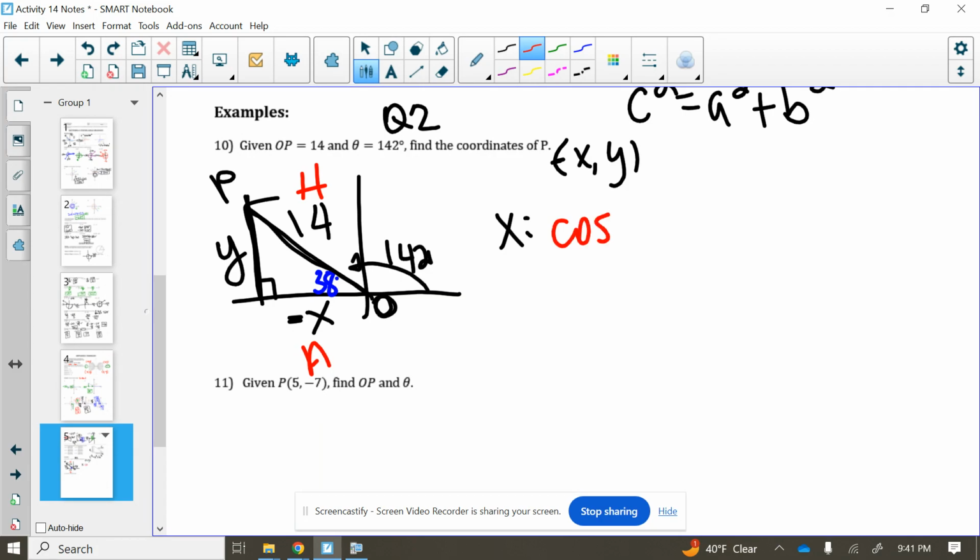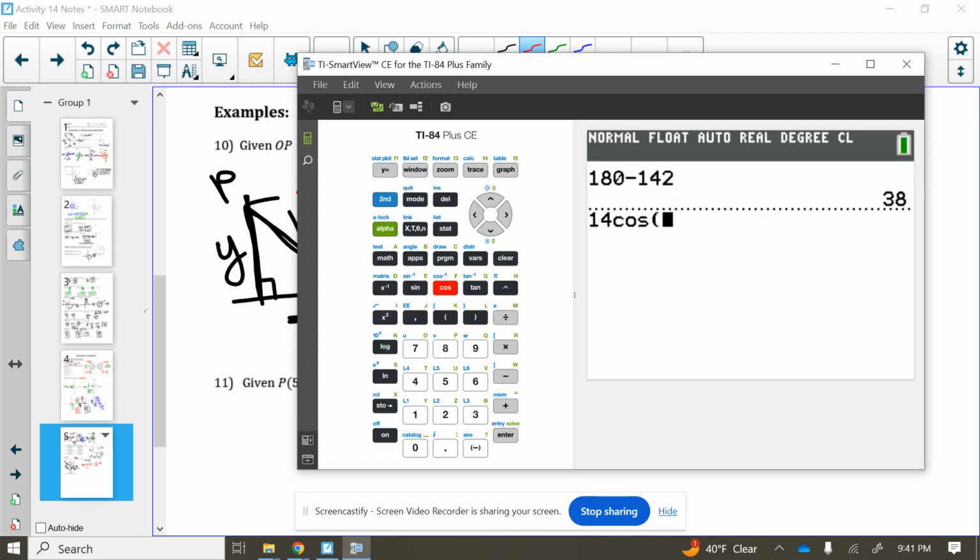So cosine of 38 degrees equals the adjacent over the hypotenuse. Multiply both sides by 14 to get our value of x. 14 times the cosine of 38 is about 11.03.